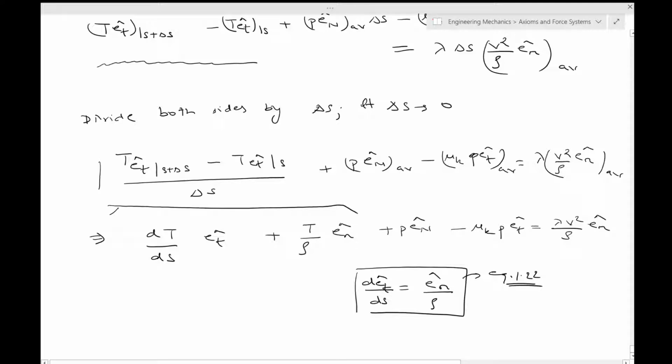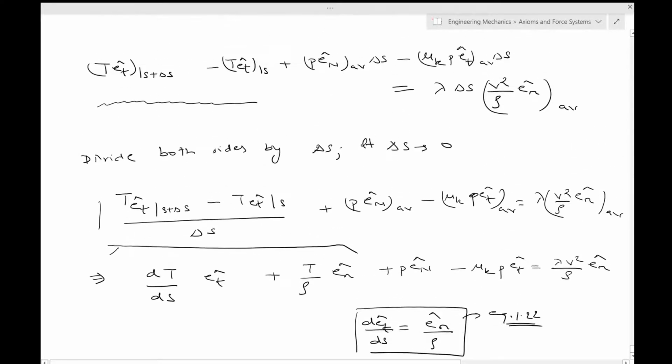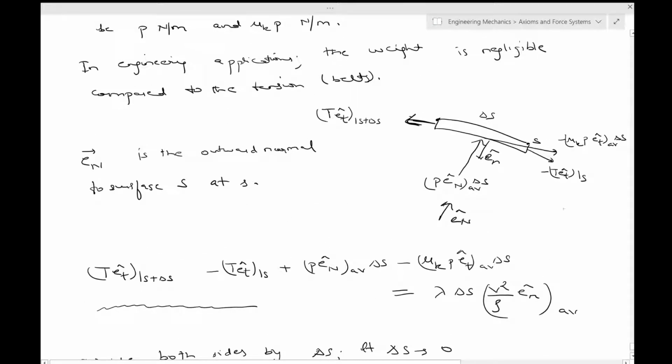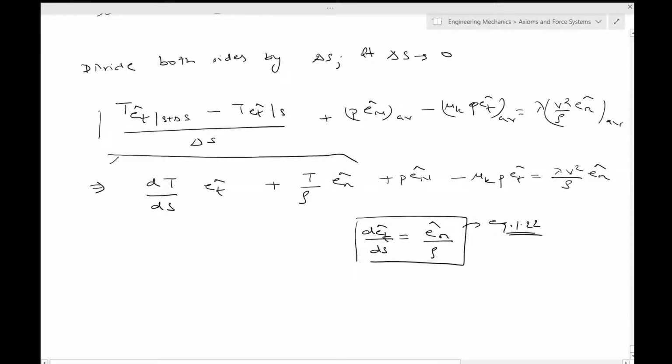You should also note here that small en is actually minus of capital EN. Just by looking at these two directions, you can say that small en is the negative of capital EN.